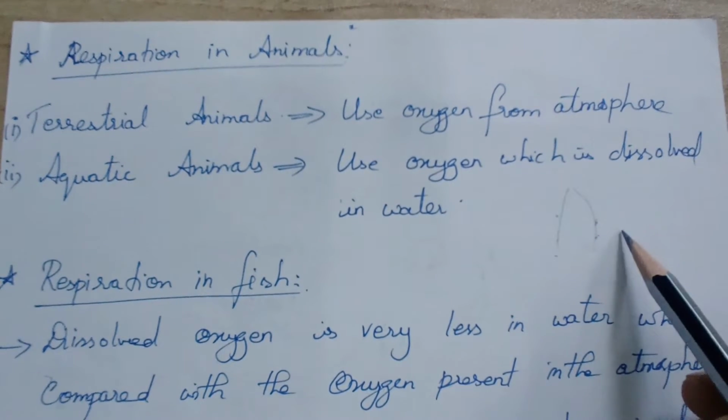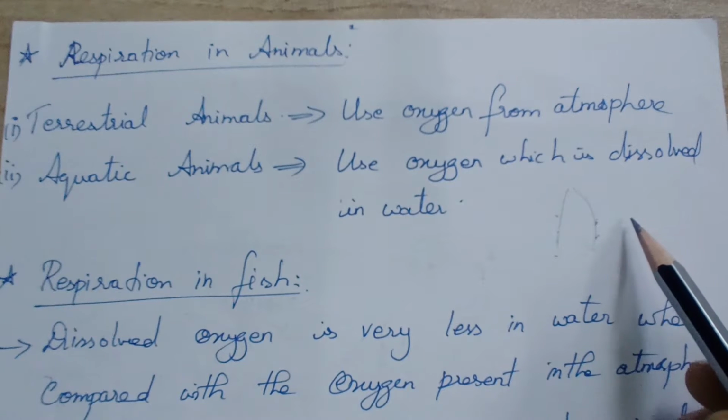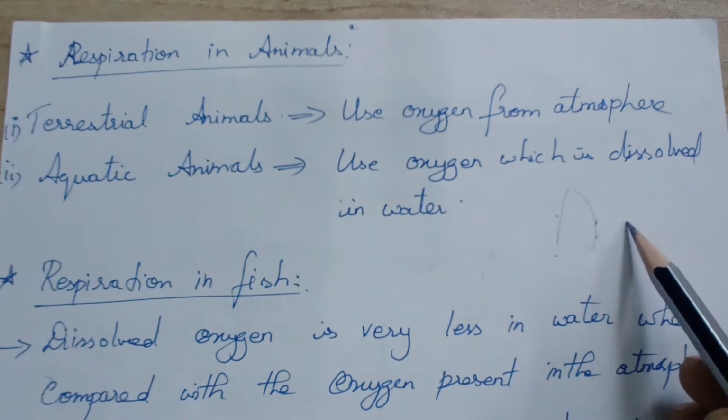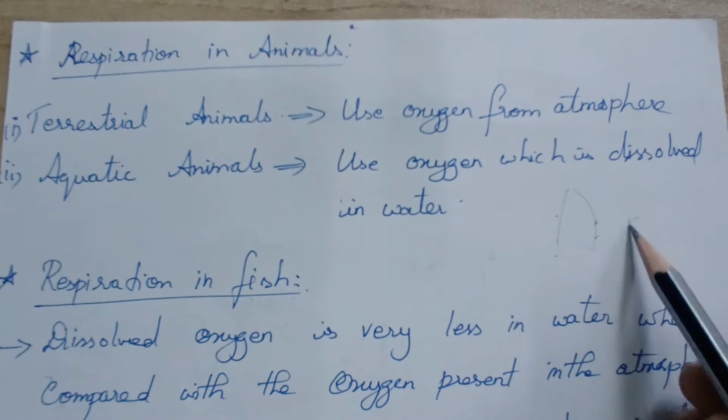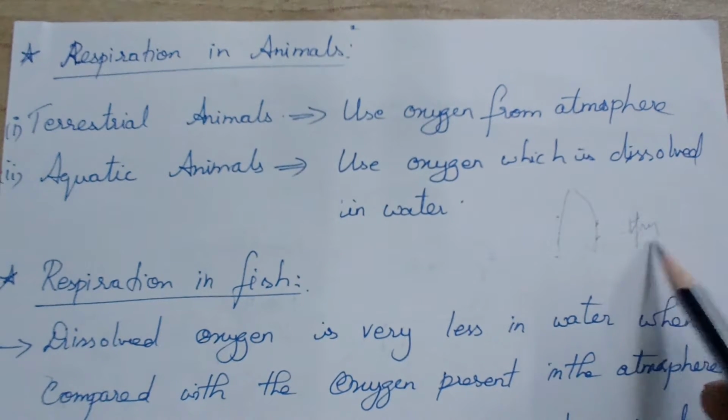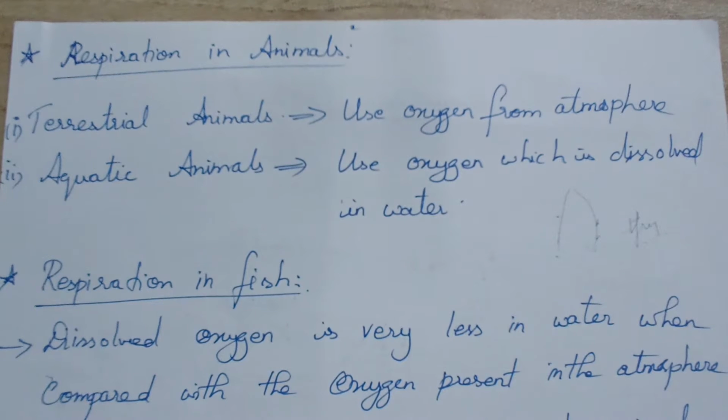Leeches and worms breathe through the moist skin. The frog will breathe through the skin as well as through the lungs, right? So animals and insects use different organs to do the respiration process.